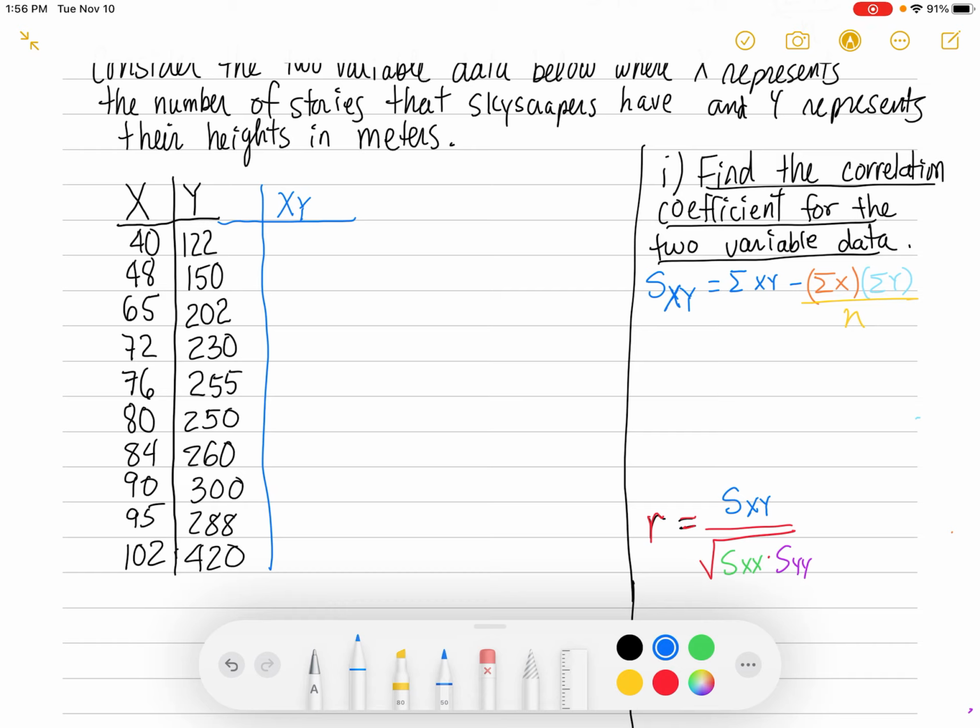Why do we want an XY column? Because in our formula, notice we're going to have to multiply X and Y together. So I'm going to multiply X times Y.